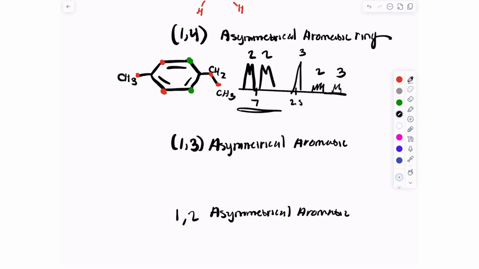But like I said, this one is harder to understand. So if you have an asymmetrical 1,3 aromatic ring, first of all, you're going to have 4 peaks.